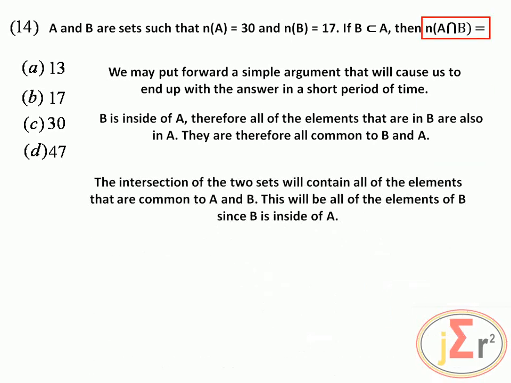The intersection of the two sets will contain all of the elements that are common to A and B. This will be all of the elements of B, since B is already inside of A. So we need all of the elements of B, and we know that we have 17 of them. The correct answer is option B, 17.